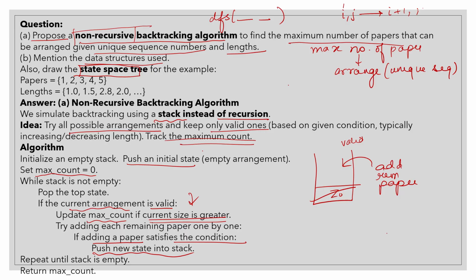You try adding the papers one by one, not all together. And then if the paper that we have added corresponds to the unique sequence, you push it in as a new state into the stack, Z1. Repeat until the stack is empty. Then you return your max count, the maximum number of papers that can be arranged.